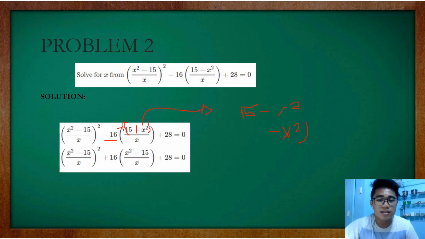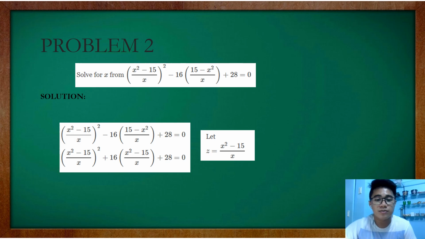Okay? Yan. Erase ko po muna kasi may mga solution din po mamaya. Ayan. So, kasi parehas naman din sila, let's make it into one variable na lang para mas maging madali po, no? So, yan po. What if ito na lang po? X squared minus 15 over x. That will be our z.